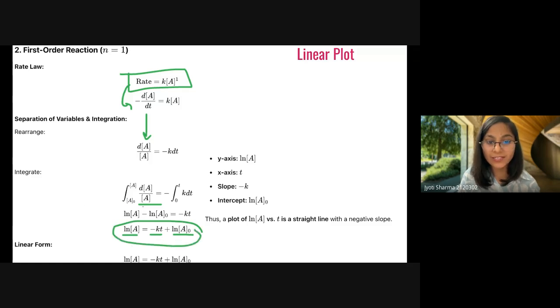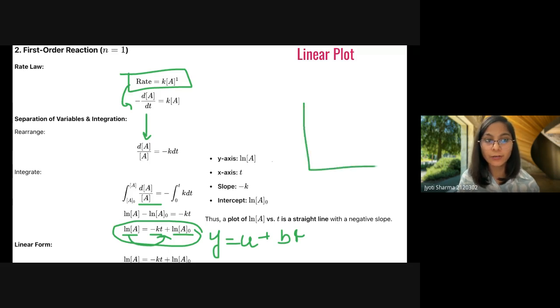So this will be your equation. This is again just like y is equal to a plus bx, right? So if you are plotting this against this, then minus k will be your slope and this will be your intercept.